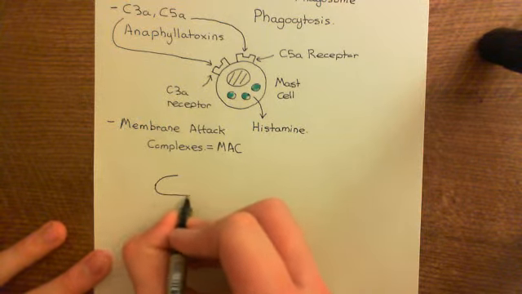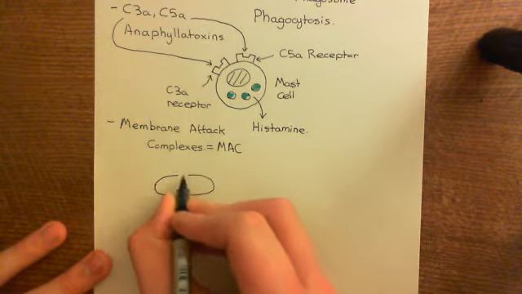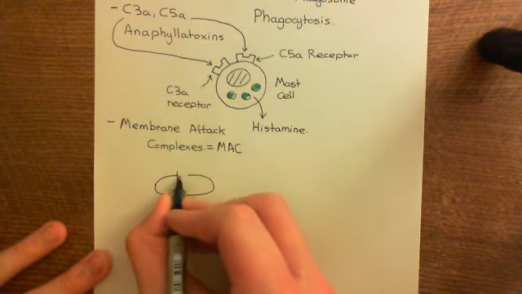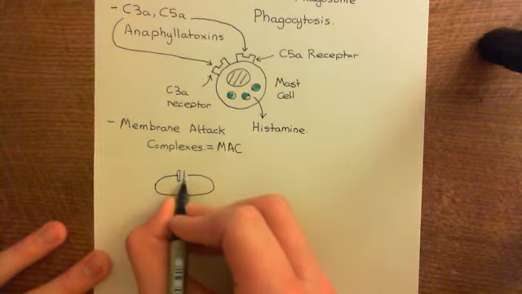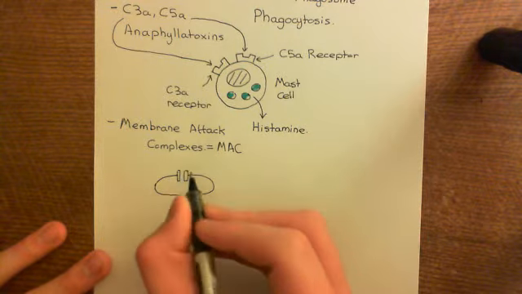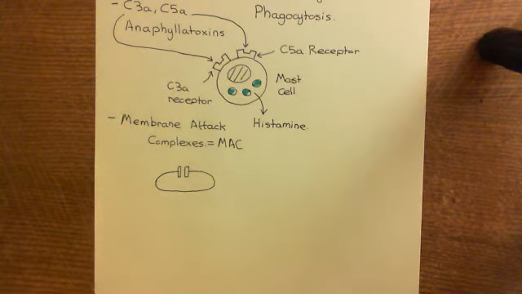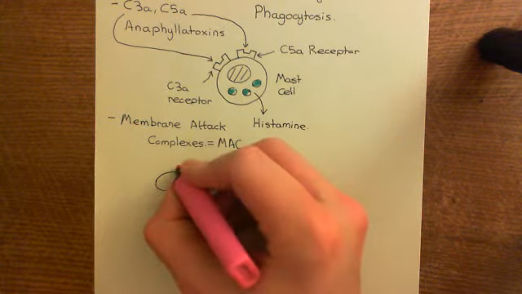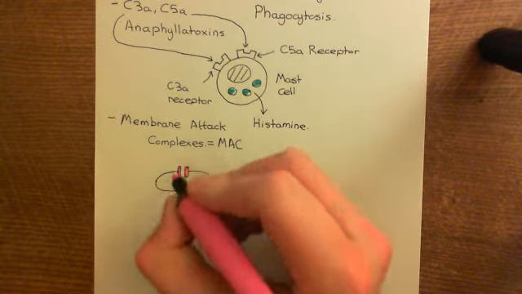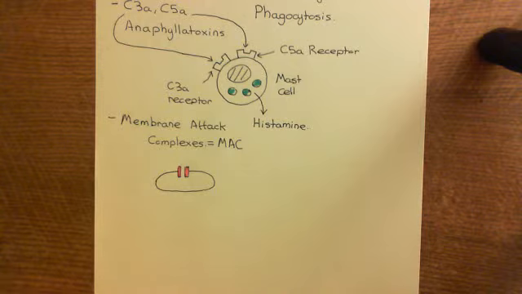So if this is our microbe here, then you will produce this tube that goes through the membrane of the microbe, whether it's a virus with a membrane, a bacterial cell, a fungal cell or a protist cell. It's going to produce this tube that goes through the membrane of the cell, and this destroys the integrity of that membrane. It destroys the ability of the membrane to control what can pass into the cytoplasm of the cell.